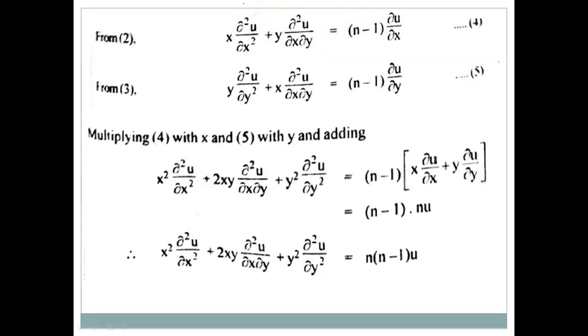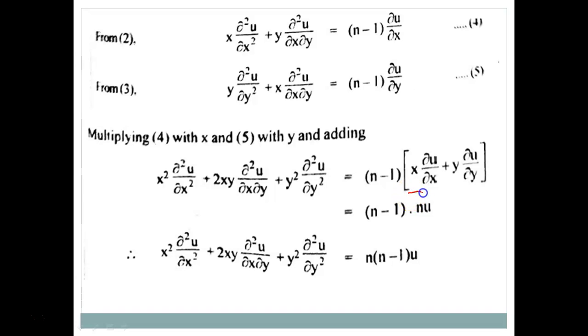So what I was telling, we will do the step here. We'll multiply equation 4 with x and equation 5 with y, so that here we'll get x square and here y square, and then add. By doing so, what do we obtain? We have n minus 1 outside because we multiplied with x and y, and we are left with x del u by del x plus y del u over del y.